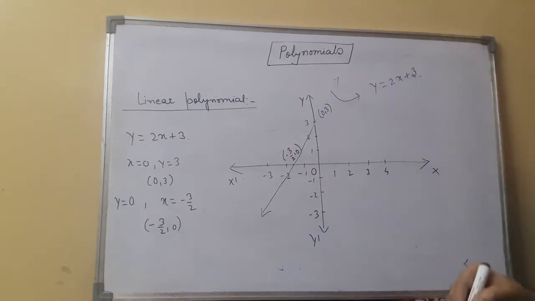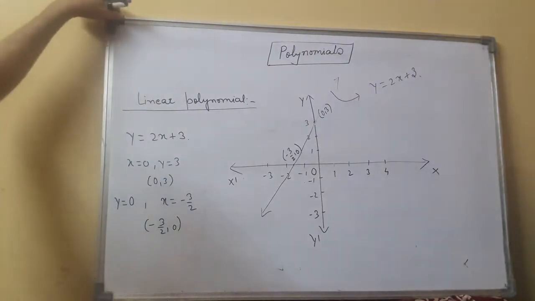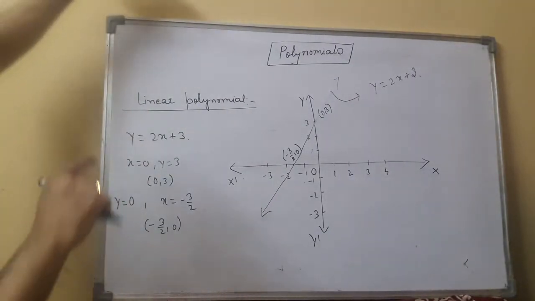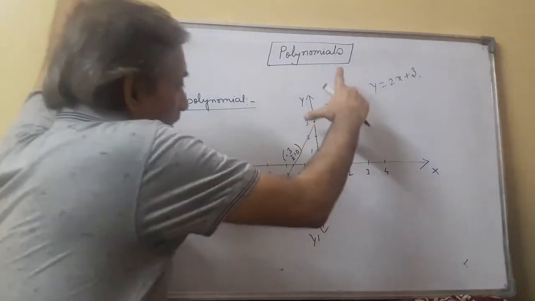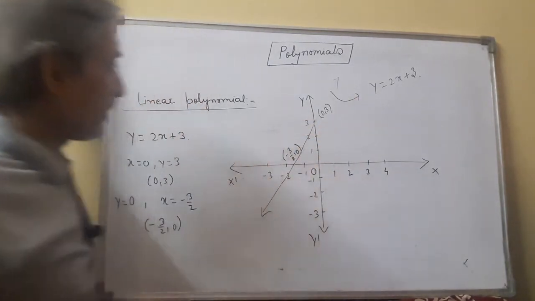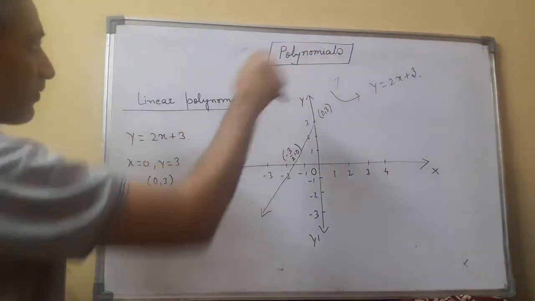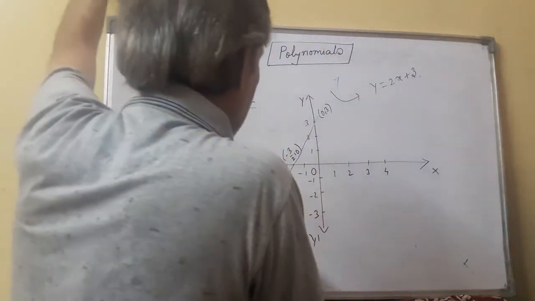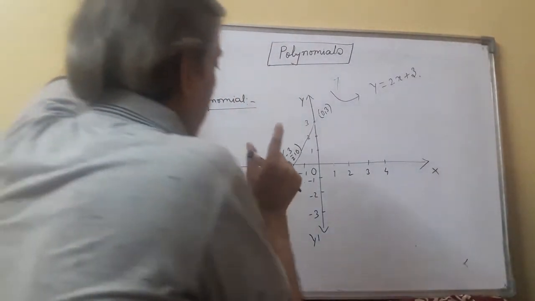Now look, what is the geometrical meaning of zeros of a linear polynomial or any polynomial? How many times this line, this graph of linear polynomial has intersected x-axis, not y, x-axis.